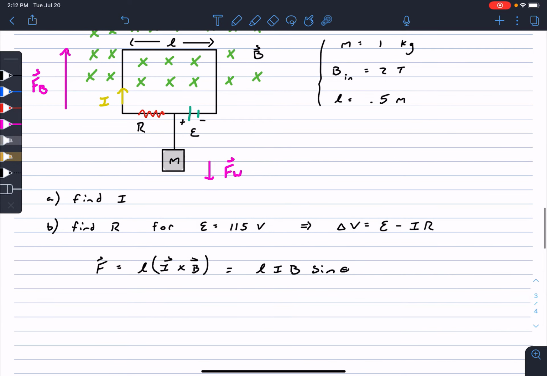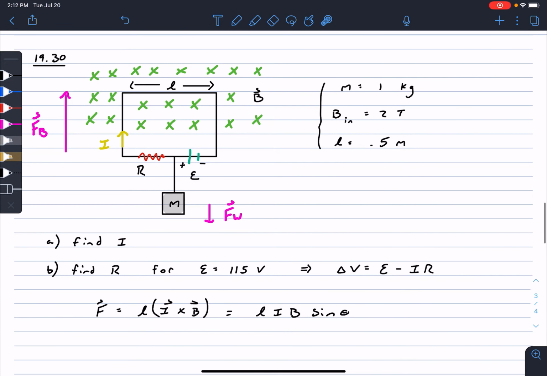And all we're saying is that we want to take the cross product of, let's say this current is moving here, take the cross product of this current with the B field here. So your right hand fingers point this direction and then point into the page. And that means that you're going to have, as I said before, a magnetic force pointing upwards.